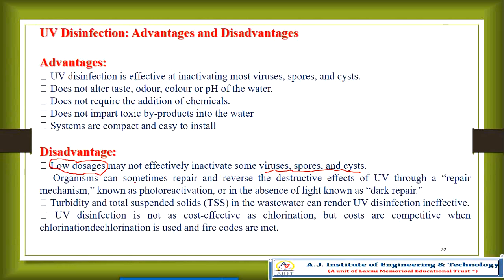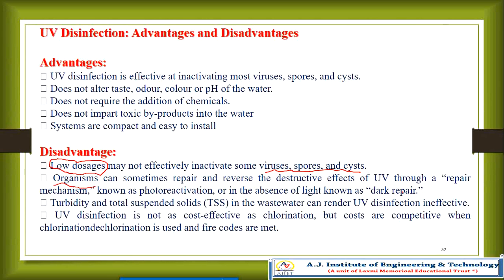One more disadvantage is that organisms can sometimes repair and reverse the destructive effect of UV through a repair mechanism known as photoreactivation, or, in the absence of light, dark repair.